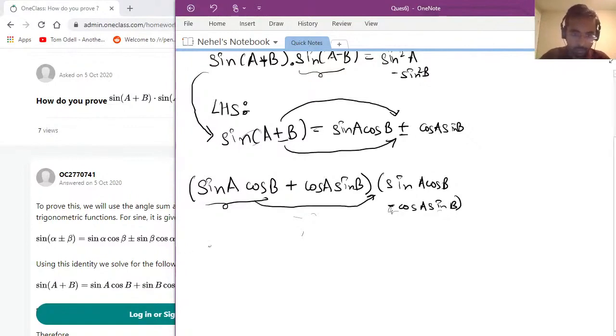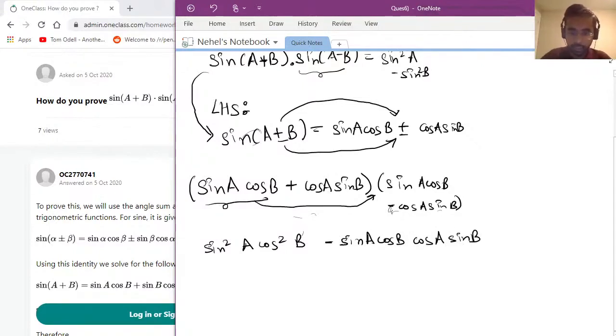I'll get my first term as cosine square a cos square b... correction: sine square a cos square b, minus sine a cos b cos a sine b.